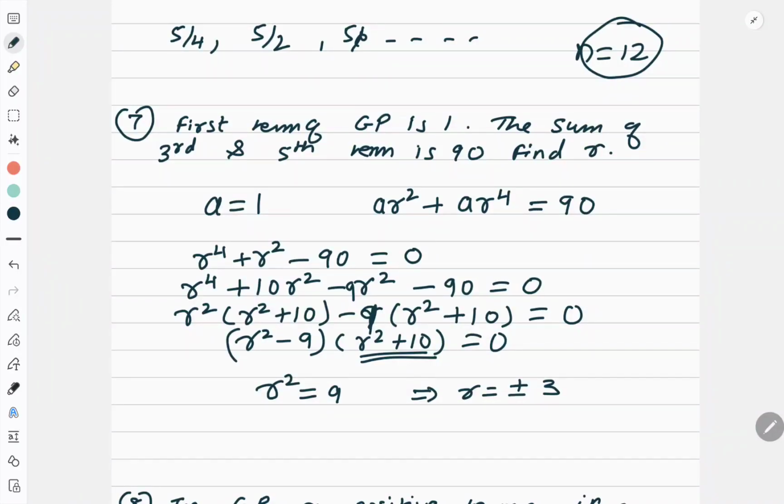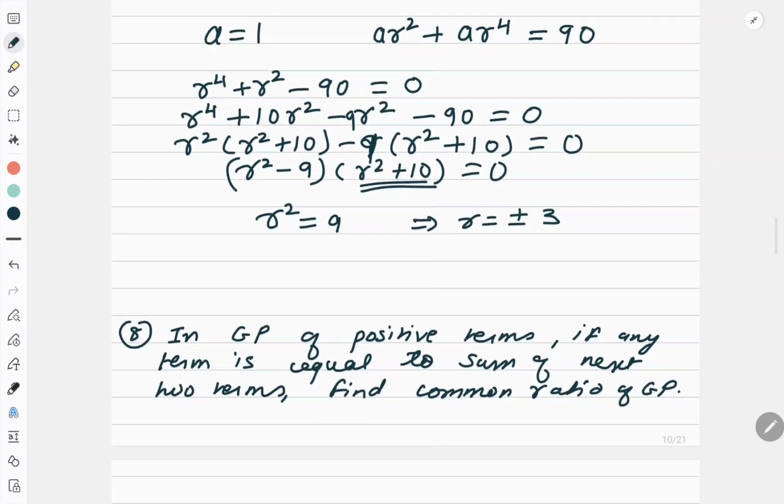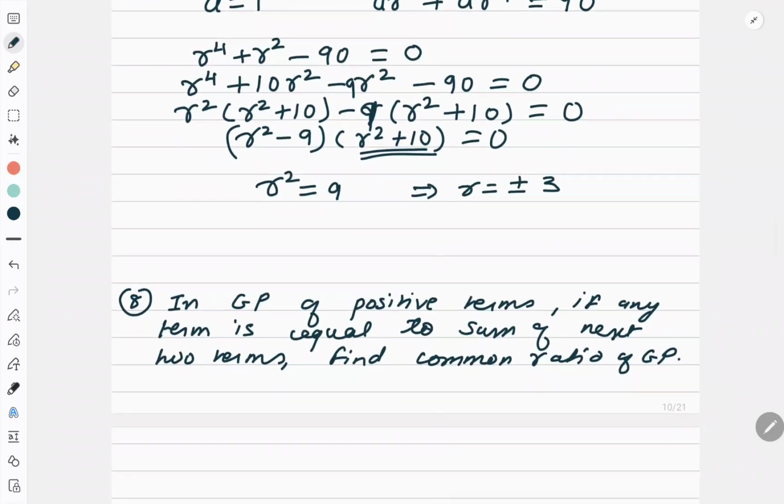Now I got two values of r, plus minus 3. So that is the answer. That is what they have asked. If in case they ask you the GP, you can create a GP and you will get two answers here. One GP you can create by taking r is equal to plus 3, and another GP by taking r is equal to minus 3. In such questions, you have to show both the GPs if they ask.